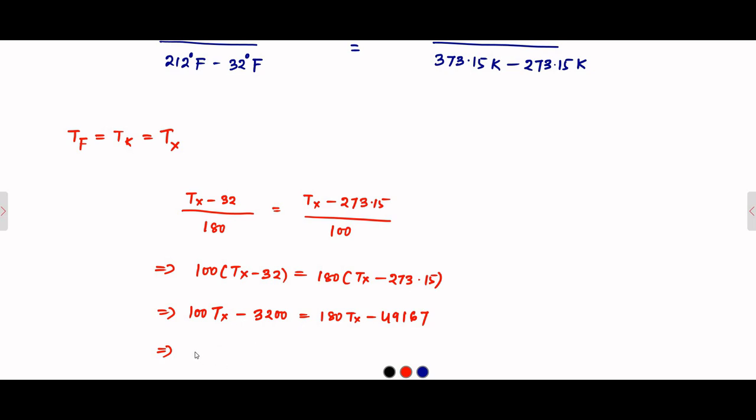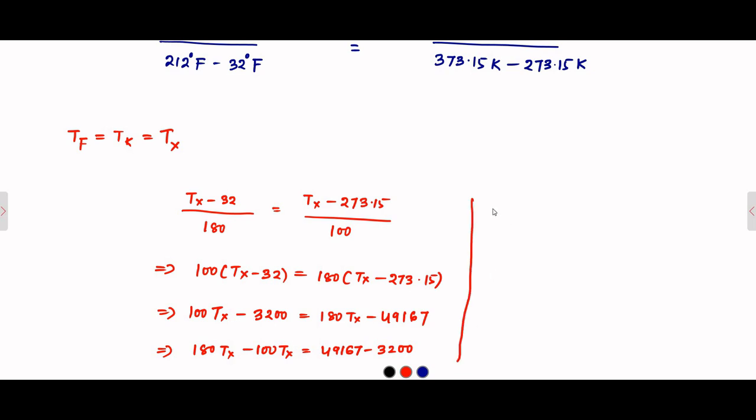So now it's 180 Tx minus 100 Tx is equal to 49167 minus 3200.